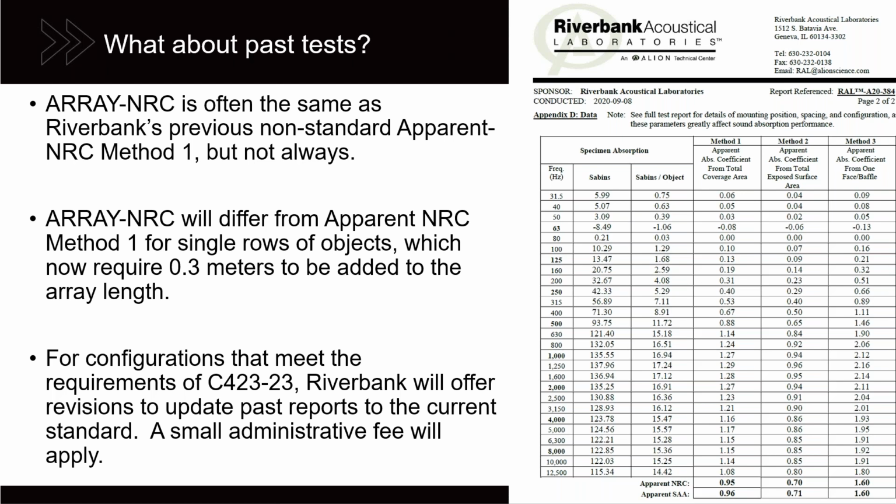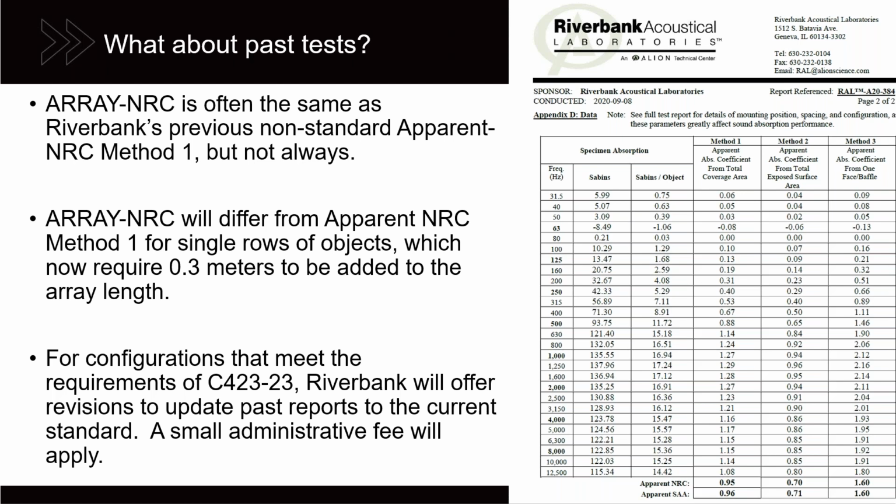Now, you're not required to do this, especially if you're reporting values in terms of Sabins per object. Then you have no reason or need to update your past tests. If you want to use the new Array-NRC term, then we believe you should have us update those test reports.